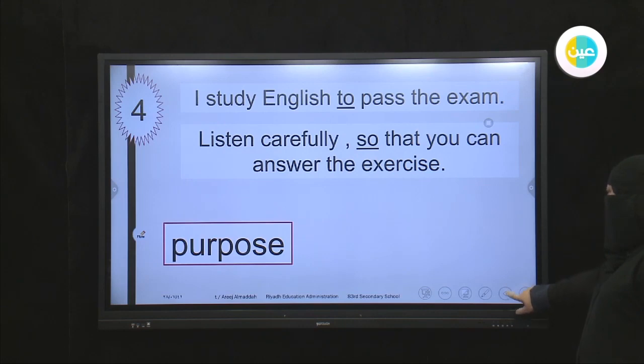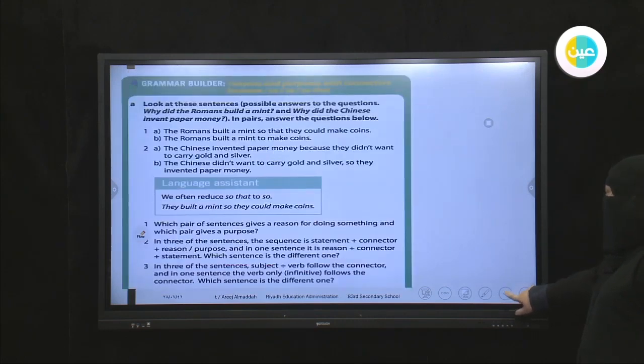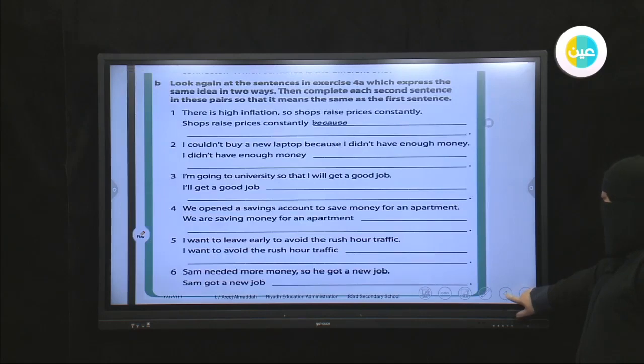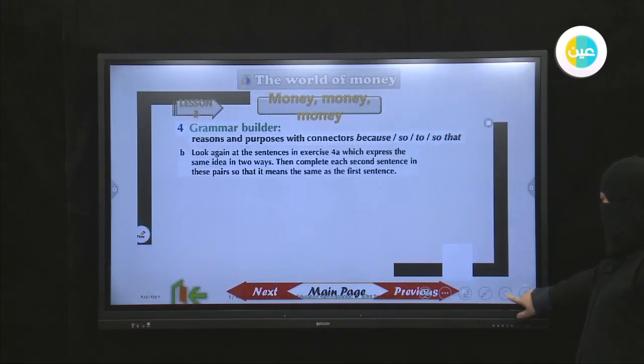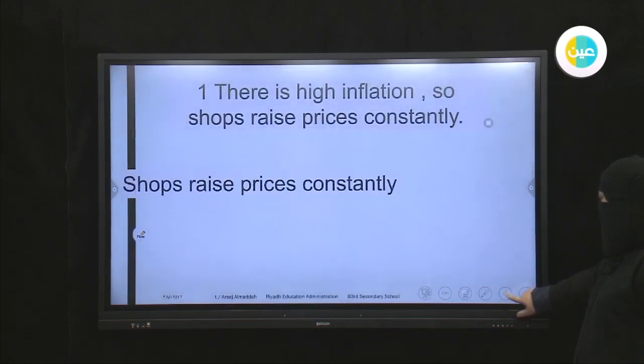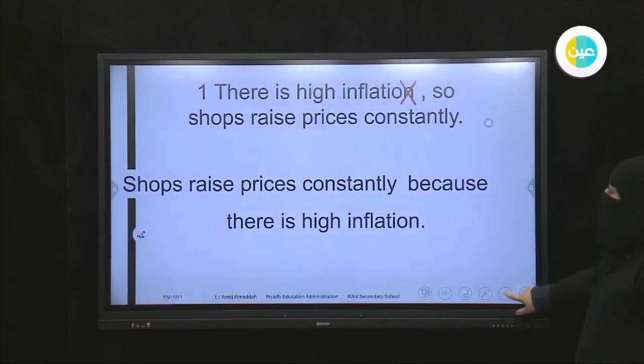For purpose. There is high inflation, so shops raise prices constantly. Shops raise prices constantly because there is high inflation.